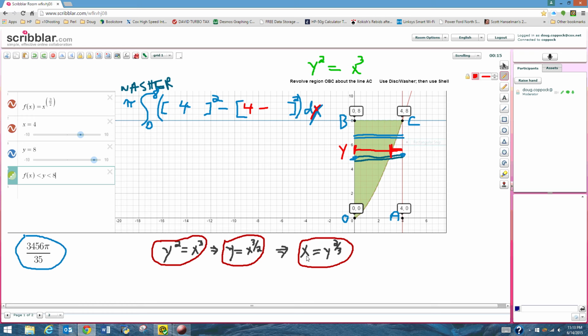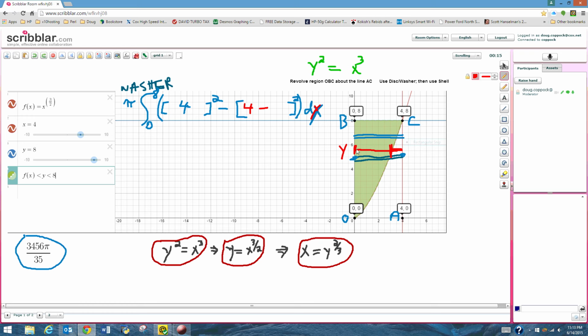The x distance is x equals y to the 2/3 power. In other words, I solved the original function for x. The x distance, that's from here to here.